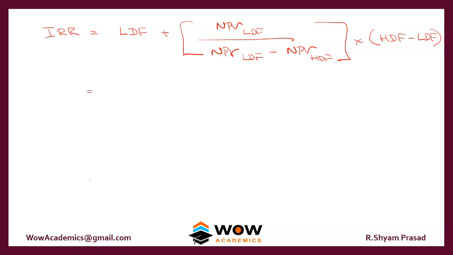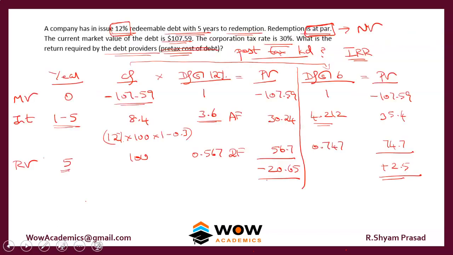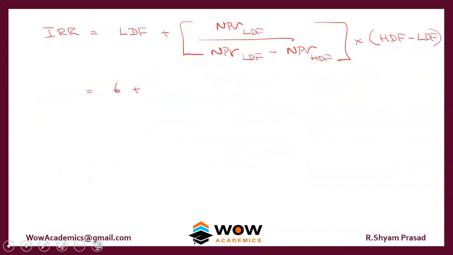We know that the low discount factor was 6. Okay, and we look at the other numbers. The NPV at low discount factor is 2.5 and the NPV at high discount factor is minus 20.65. So NPV at low discount factor was 2.5.